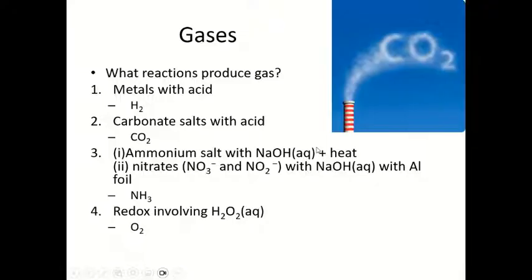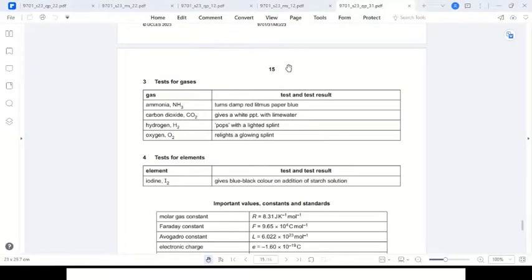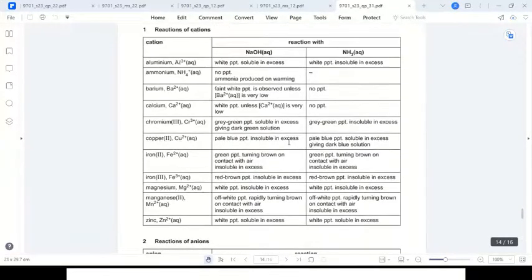If you are asked to add sodium hydroxide into an unknown solution and you're supposed to warm that solution, ammonia will be produced. Now let us look at the table. Sodium hydroxide with ammonium: no precipitate, but on warming, ammonia will be produced. This is our first reaction producing ammonia.